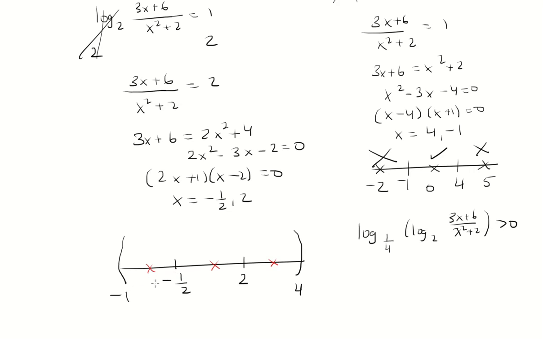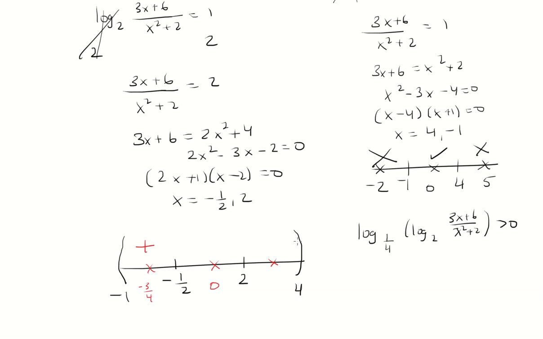So let's pick a number between negative 1 and negative 1/2. Let's say negative 3/4. You would plug it in, and you would see that it does work, so that it is positive. And then we pick a number between negative 1/2 and 2. Let's say 0. When you plug in 0, you see that this does not work.